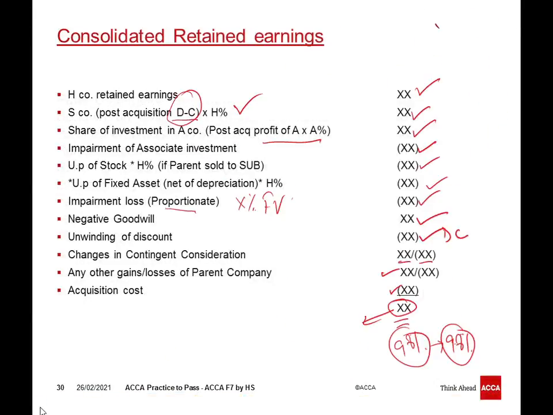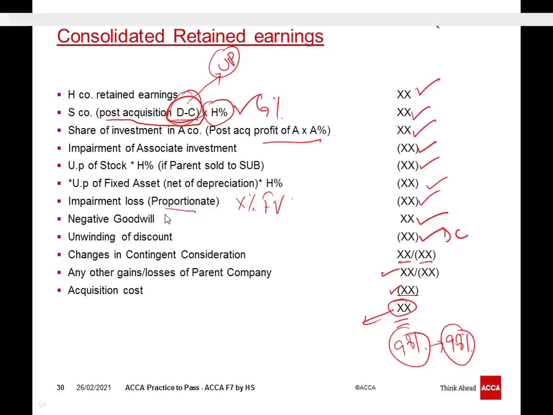Let me give you this point. Subsidiary company's post-acquisition profit times holding percentage. So we are applying the group percentage on the post-acquisition profit. What the examiner does in the exam kit is include the unrealized profit in this figure, and then apply the percentage.